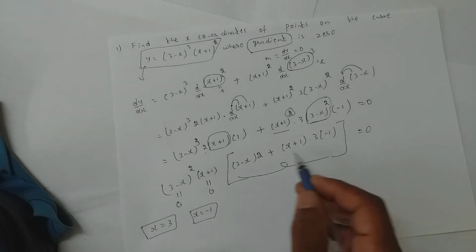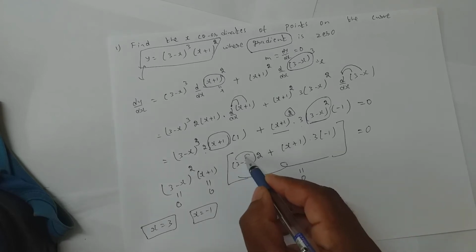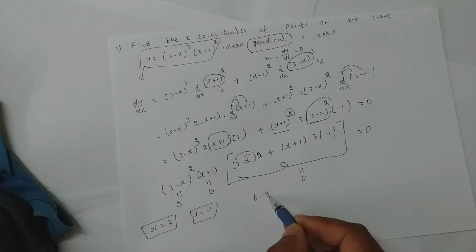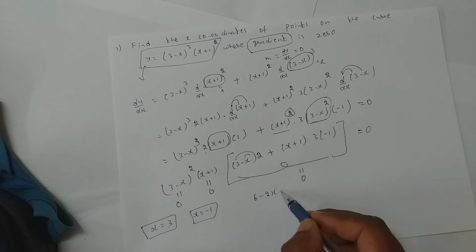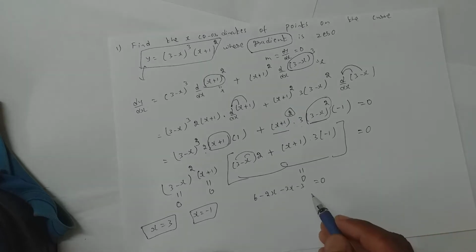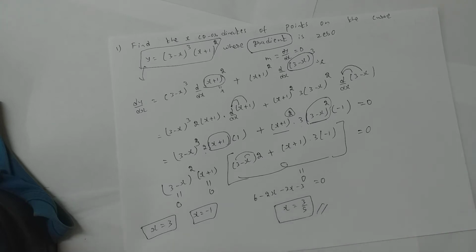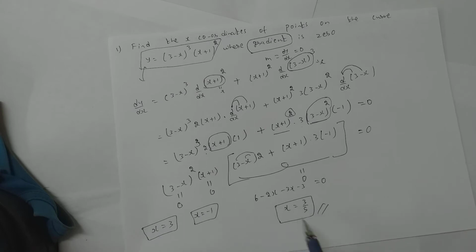To get the x value here, I need to simplify it first. So it becomes 6 minus 2x minus 3x minus 3 equal to 0. So x equal to 3 by 5 is what I get. So when x is 3, minus 1 and 3 by 5, my gradient is 0. Am I clear?